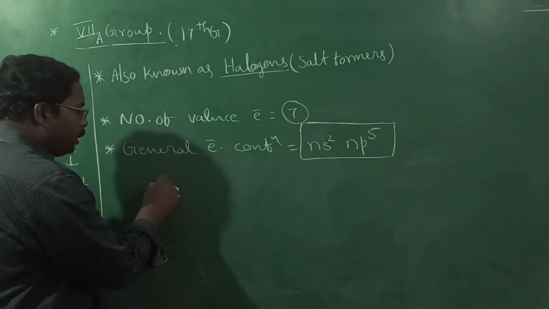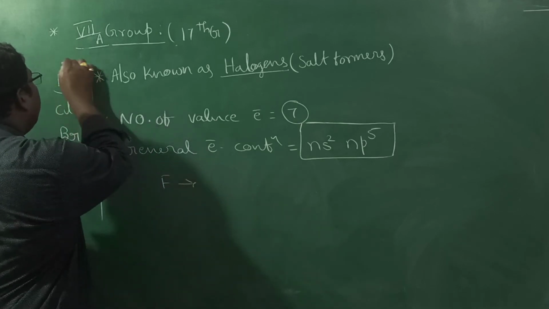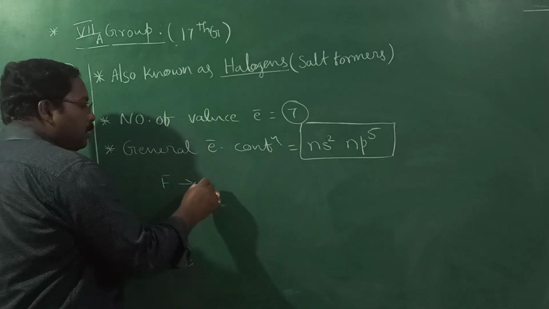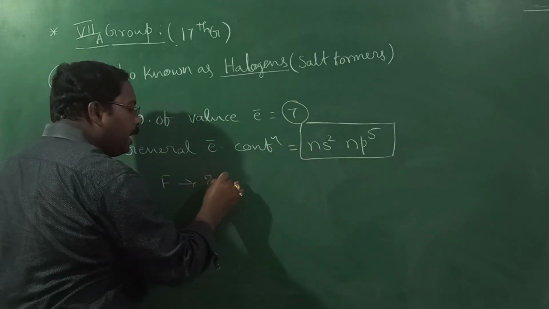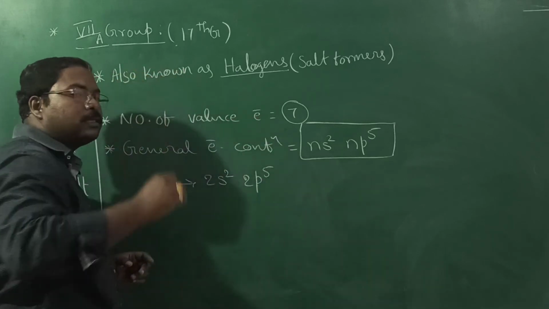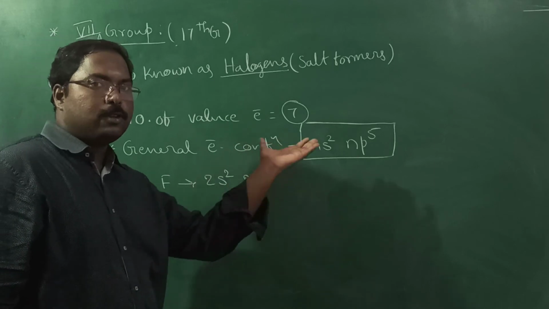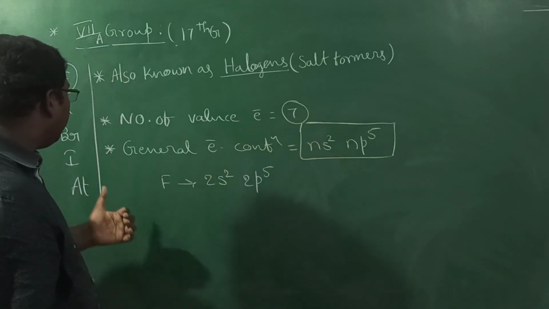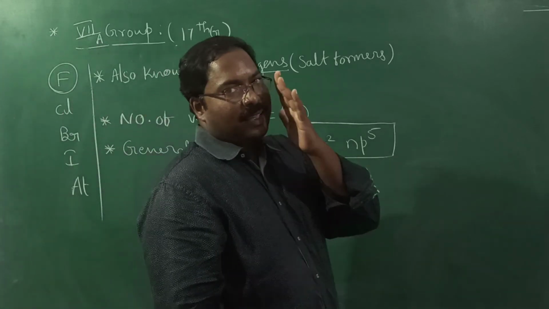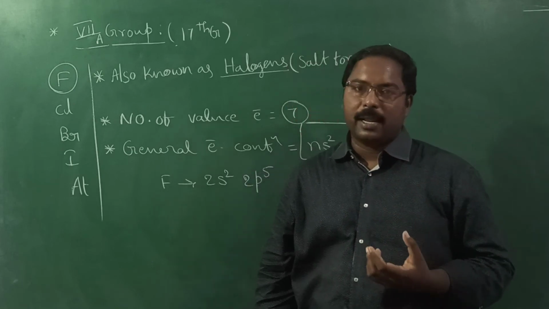For example, if you observe fluorine, fluorine is the first element. First element means which period? Second period. So the n value is 2. So fluorine electronic configuration, just recently written in the notes, is 2s2 2p5 in the valency shell. For example, if we ask for iodine, can you write it atomic number wise? It will take more time, right?